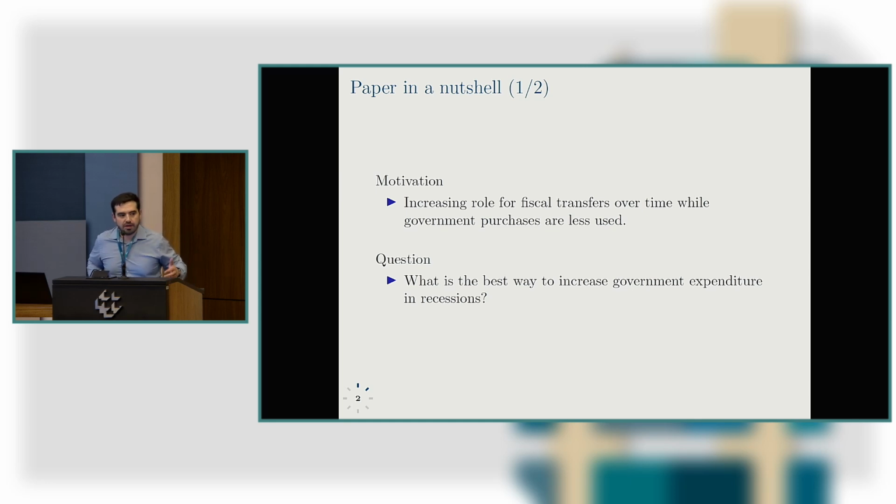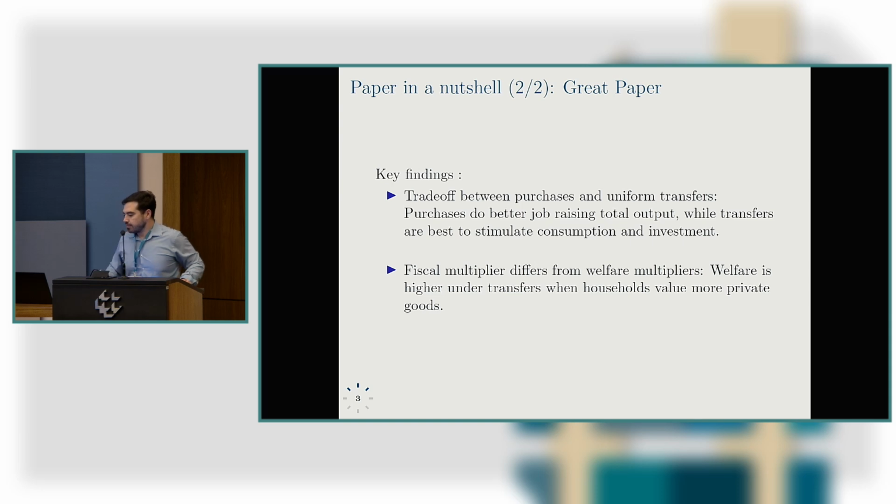The question that motivates the study is, what is the best way to increase government expenditure during recessions? This is a quite relevant policy question for policymakers and also in academic debates.